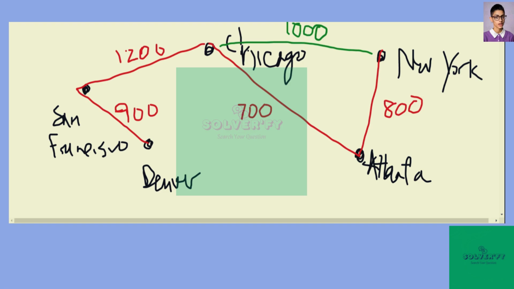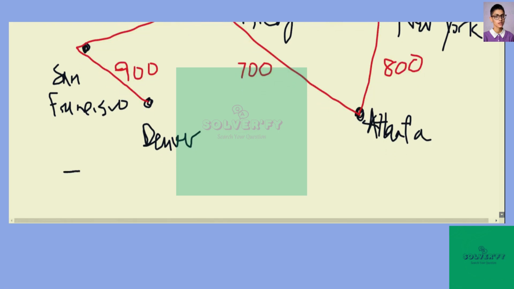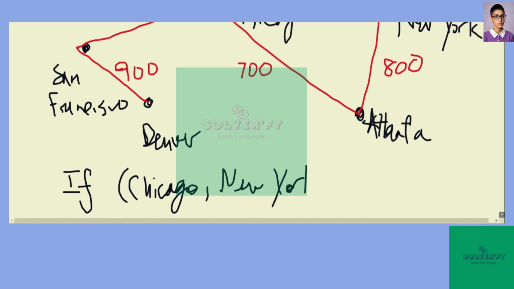So we see that if we remove the edge from Atlanta to New York, then our graph will overall be $200 more expensive, since it's 1,000 minus 800. And if we remove the edge from Chicago to Atlanta instead, then our graph will be 1,000 minus 700, or $300 more expensive.